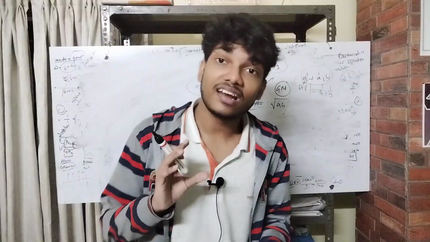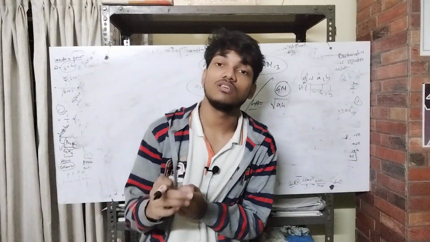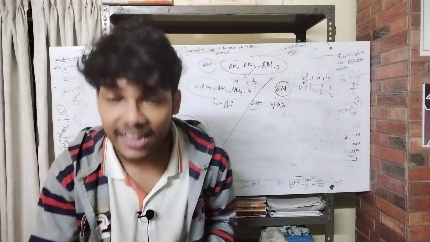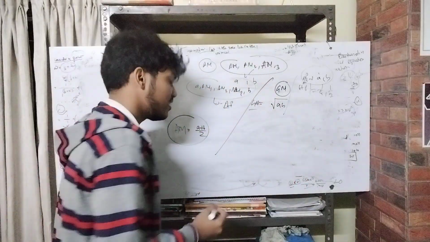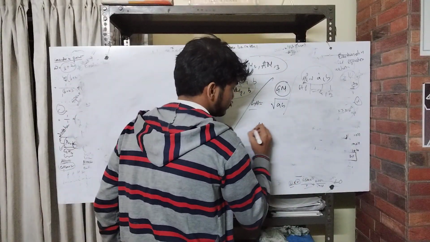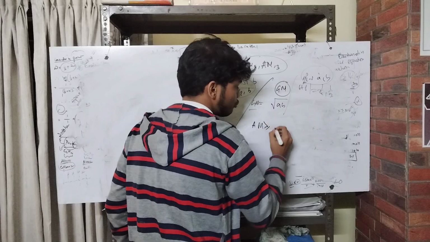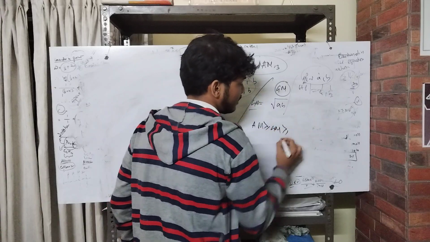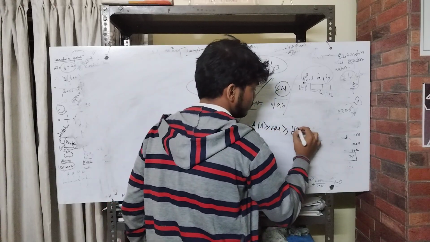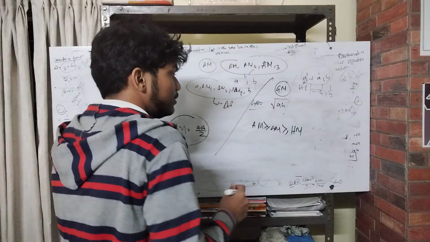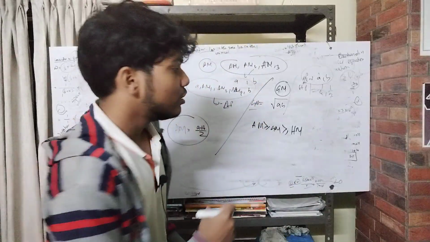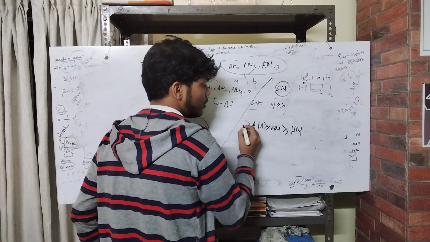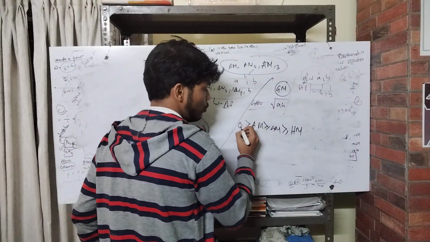And there is a specific relation between AP, GP and HP, which we will need in inequality parts: AM greater than or equal to GM greater than or equal to HM. The relation is not complete, the whole relation will include QM.